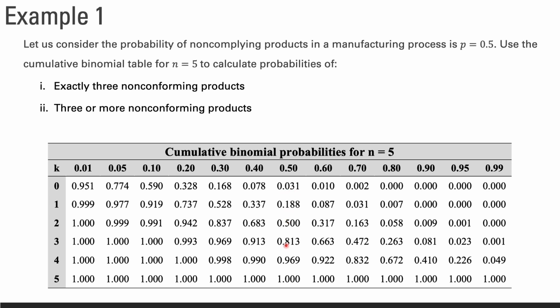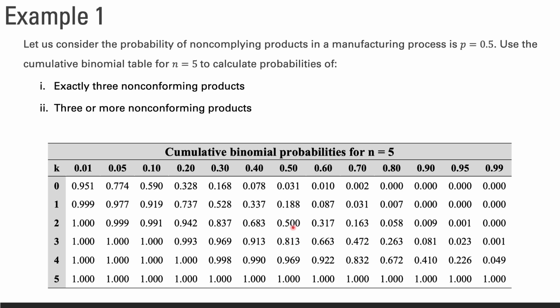So this one is the one that we are interested in, and we want to find out exactly 3. So for exactly 3, we can simply subtract this value from this value, because this includes the probability of finding 0 plus the probability of finding 1 plus the probability of finding 2 plus the probability of finding 3, right?